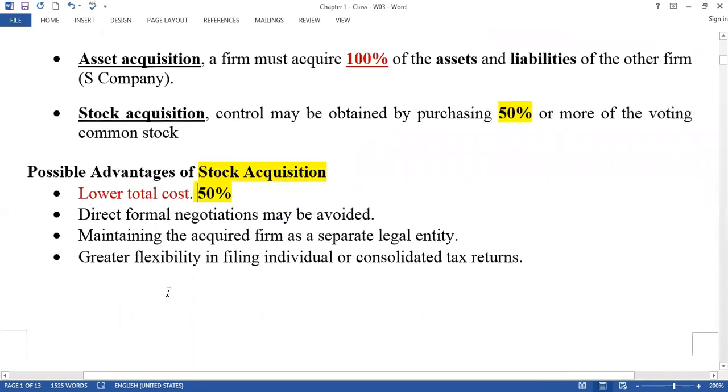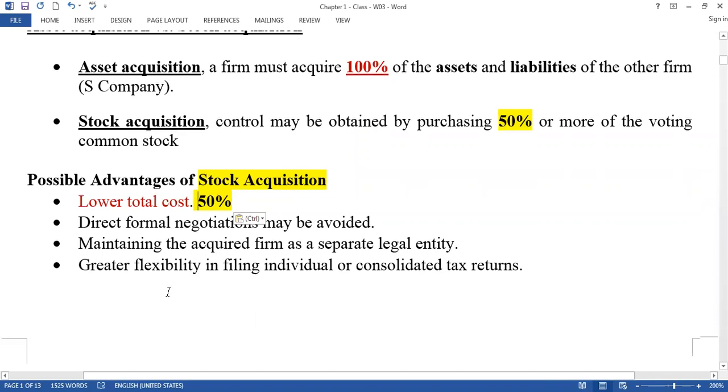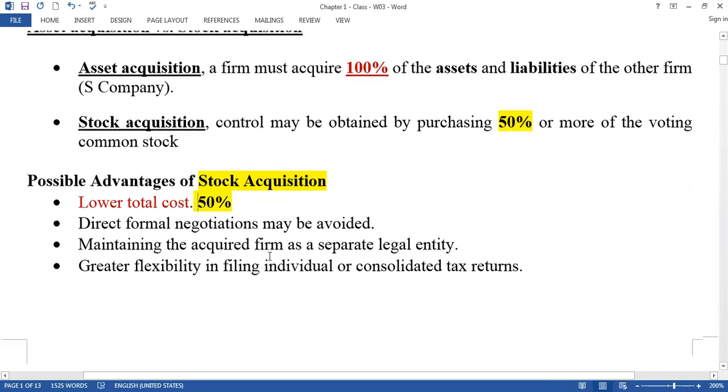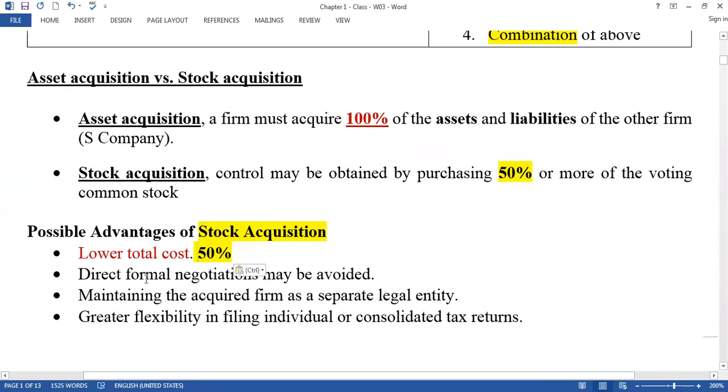Now look at the second advantage of stock acquisition: direct formal negotiation may be avoided. What is the meaning of formal negotiation? If you want to buy another company's net assets, then you have to find who the management is, who the owner is, who has the controlling power. You have to negotiate, saying that I want to buy your business.